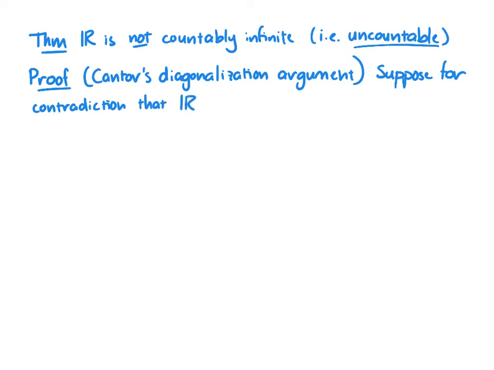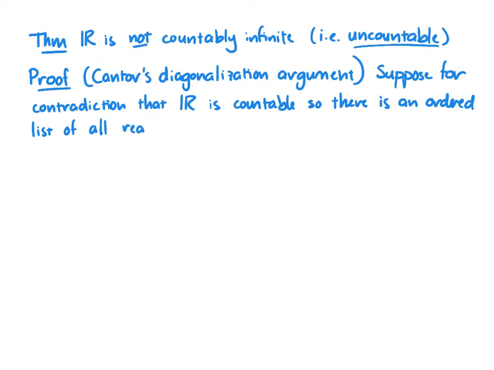In particular, R has to be in bijection with N, so it means we have an ordered list of all the real numbers, and it looks like this. The first real number on the list we'll call R1, the second one R2, the third one R3, and so on.